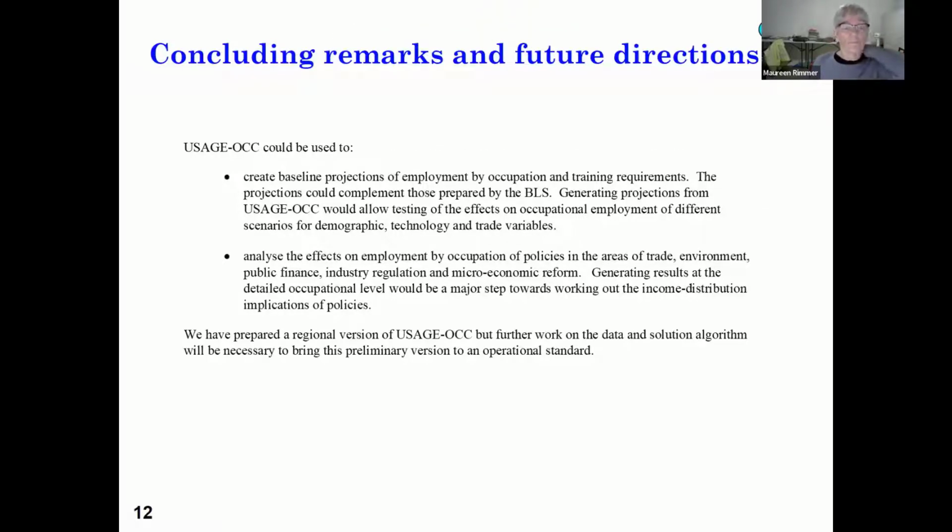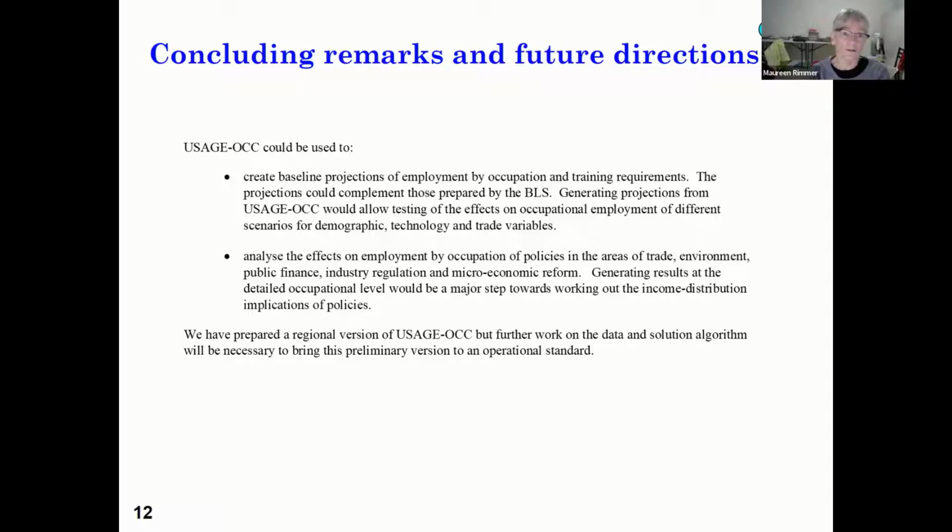So, concluding remarks. USAGE-OCC could be used to create baseline projections of employment by occupation and training requirements. This could complement those by the BLS. But generating such projections from USAGE-OCC would also allow testing of the effects on occupational employment of different scenarios for demographics, technology, and trade variables.